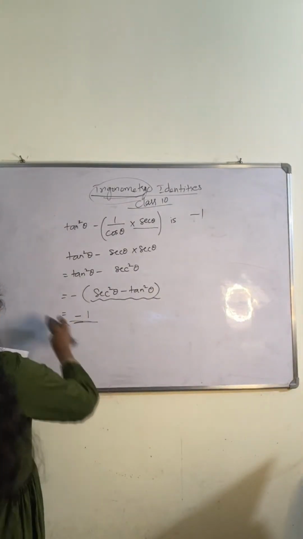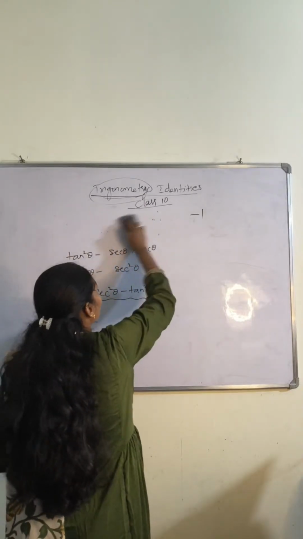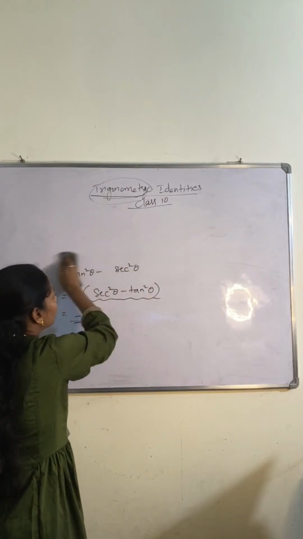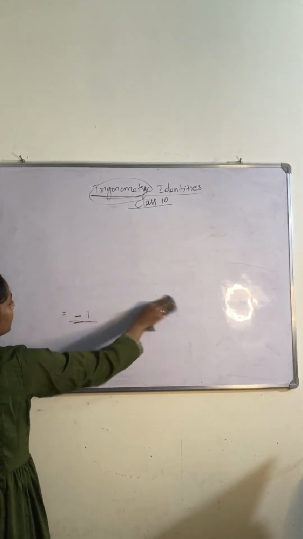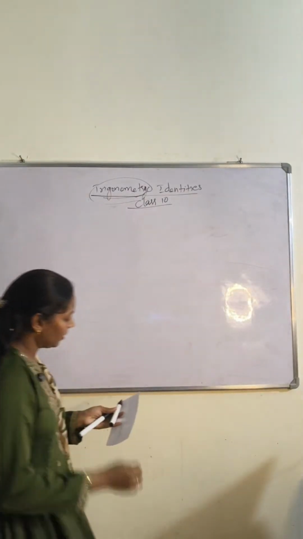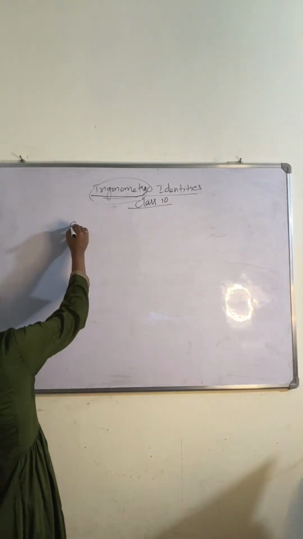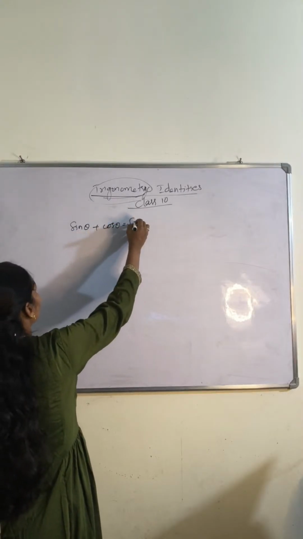Yes. Next few questions, hardly 4 questions, I have collected only from 2 of the papers, and that too based only on trigonometric identities. Next one: sin theta plus cos theta equals root 3.